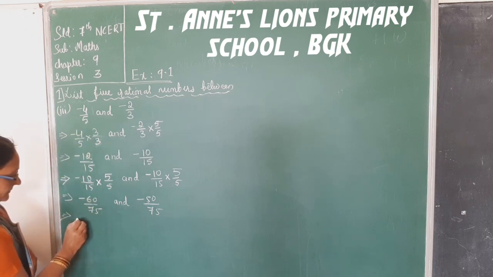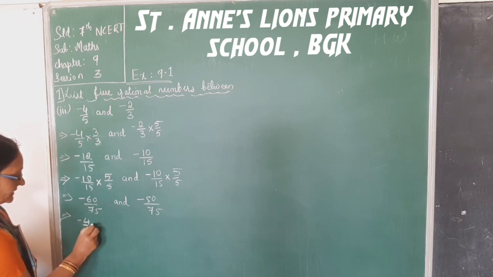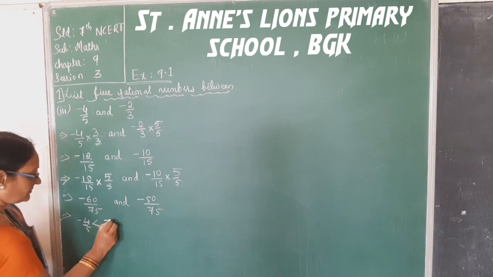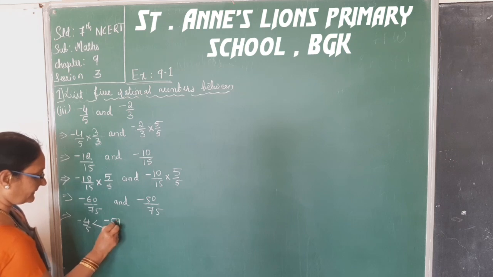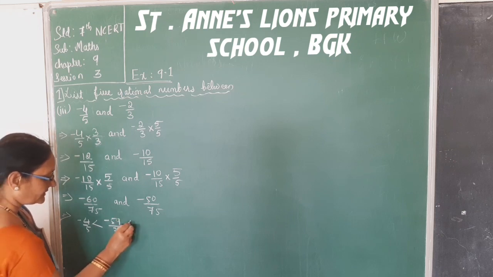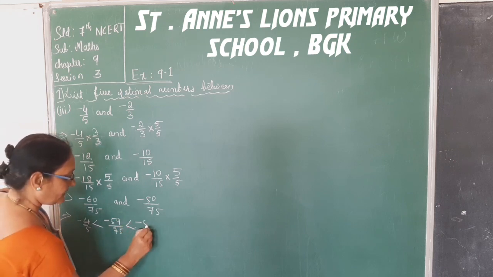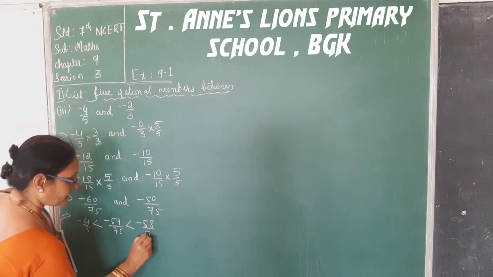So this is on the simplification. Minus 4 by 5 is smaller than minus 59 by 75 is smaller than minus 58 by 75.